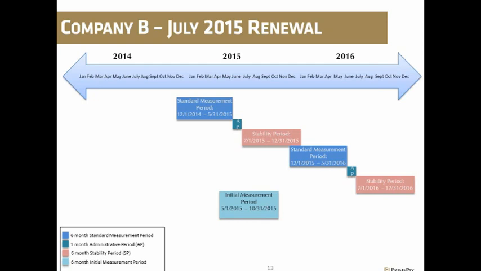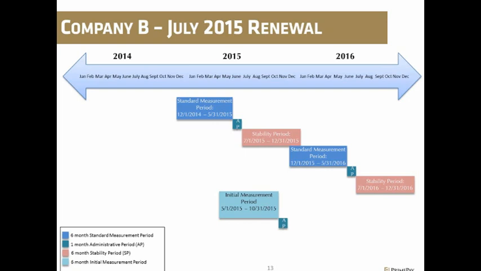If that's the case, the employer does not have to offer them coverage. But that new hire still needs to go through their initial measurement period. The new hire date was May 1st, and it's 6 months, so she would be measured from May 1st through October 31st of that year.